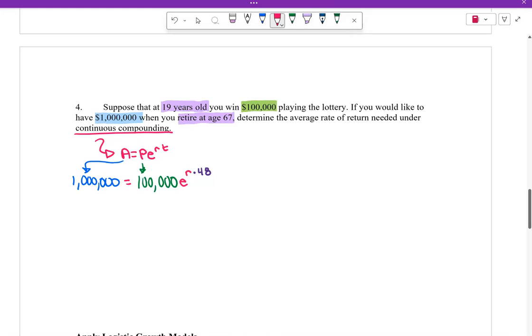Okay, so just like before, first thing we're going to want to do is divide by the 100,000, which gives us 10 equals e to the 48r. And then to undo the e, we are going to want to take the natural log of both sides.